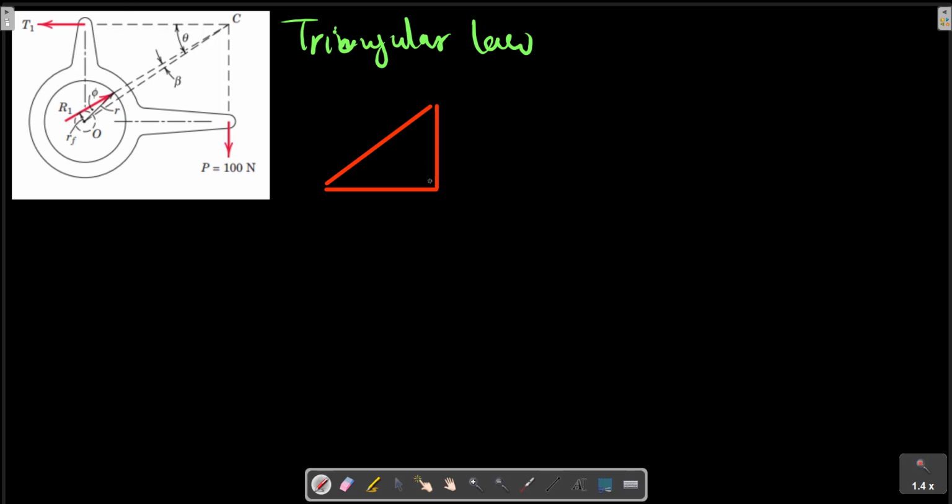So this angle between the horizontal is theta minus beta, equal to this angle theta minus beta between R1, P and T1.